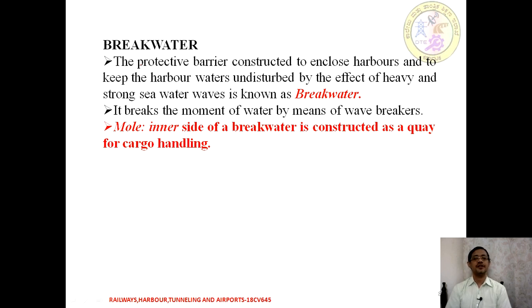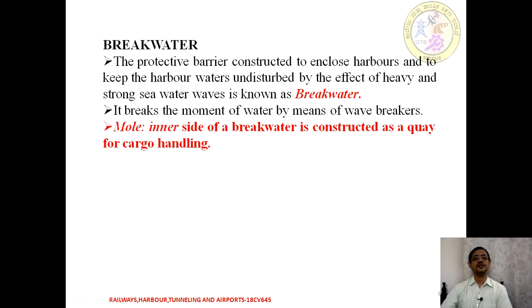It breaks the movement of water by means of waves. So it is a wave breaker, a solid wall. It breaks the movement of water, hence it is called a breakwater. Next is a mole. The inner side of a breakwater which is constructed as a quay for cargo handling is also called a mole.